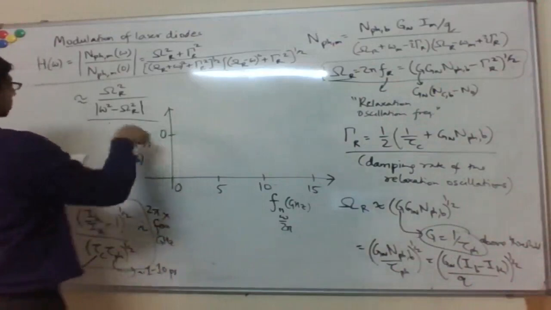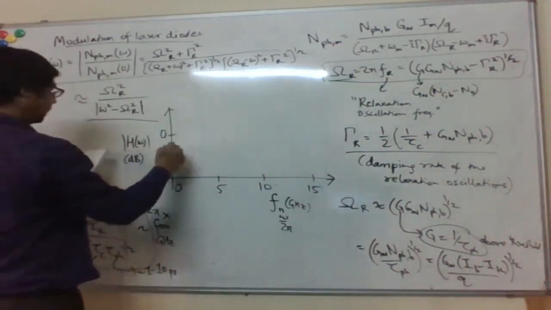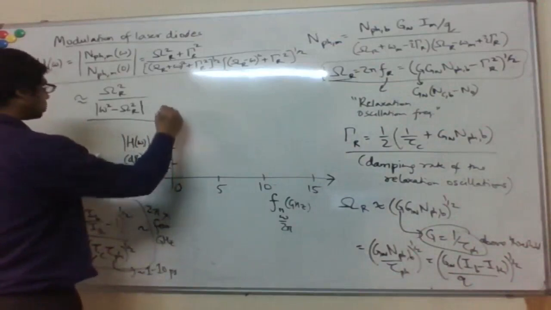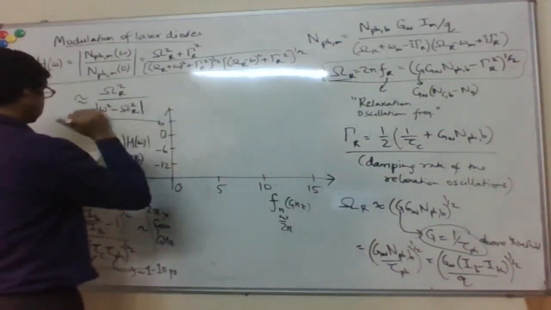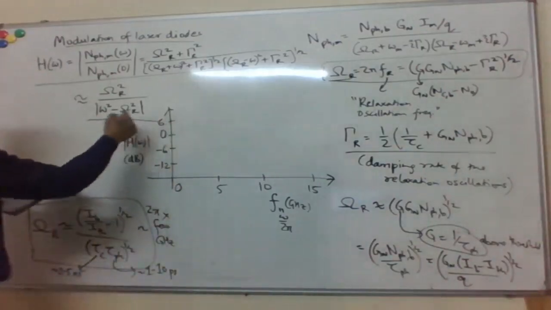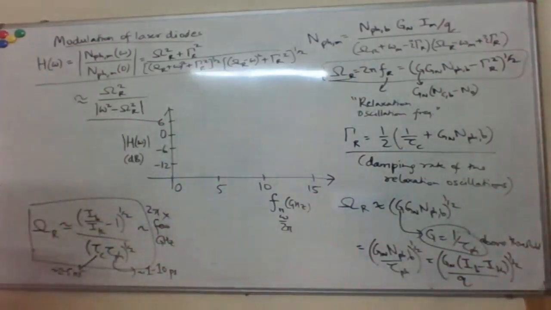So 0 dB means unity, right? Minus 6 dB means |H(omega)| is 1/2, or 1/4 in power.